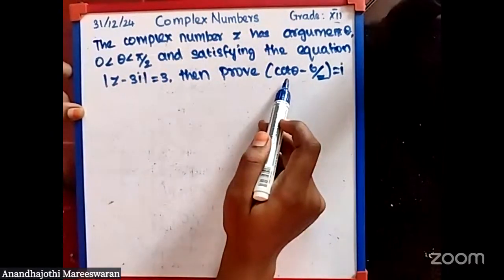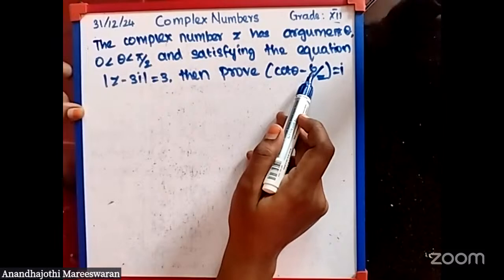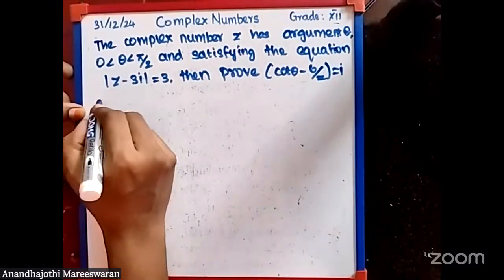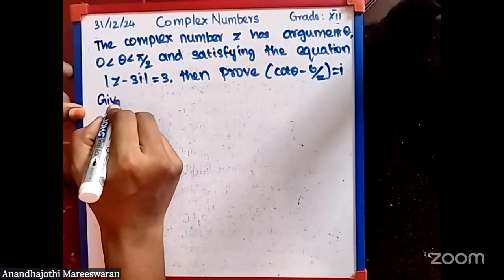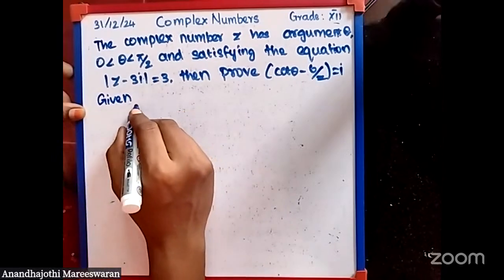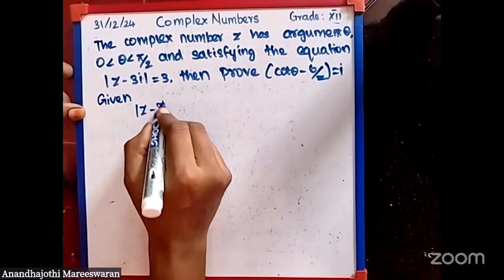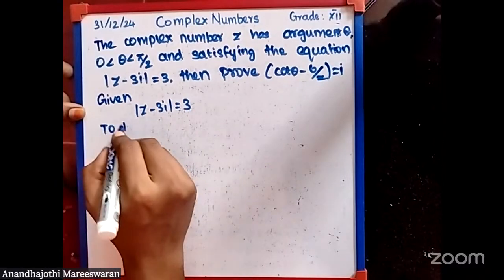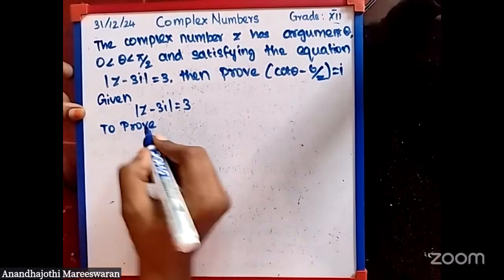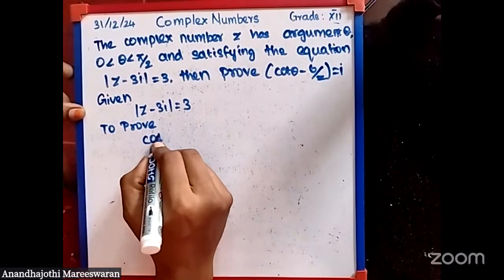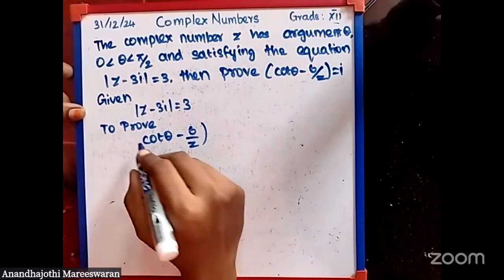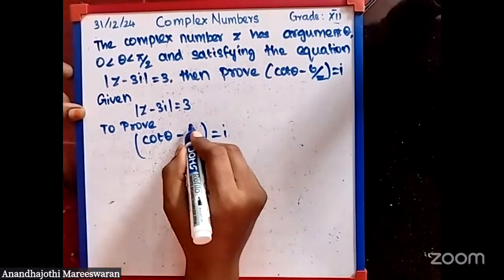So we have to prove cot theta minus 6 by z equals i. Whatever the question, we have to start from what is given. What is given? Modulus of z minus 3i equals 3. And what are we going to prove here? Cot theta minus 6 by z equals i, right?